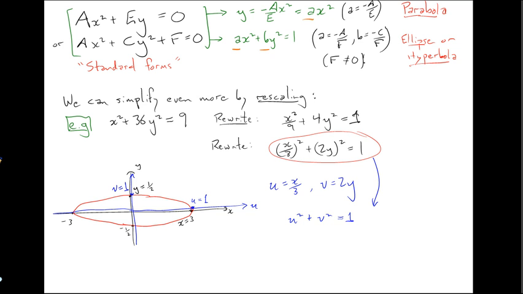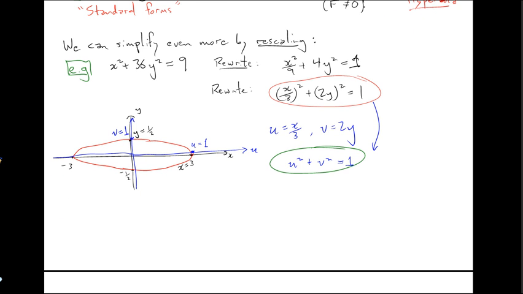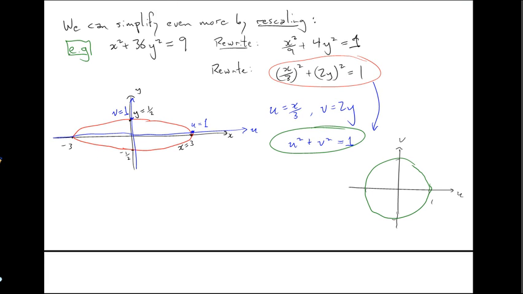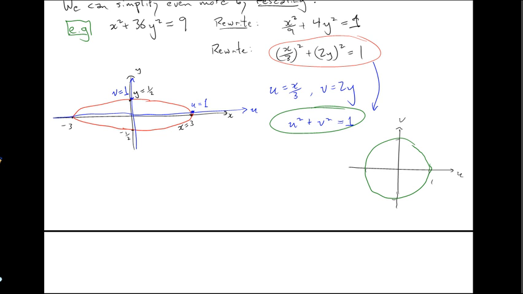Then this equation would become u squared plus v squared equals 1. And if you were to graph that on axes where u and v have equal spacing, you would get the unit circle. So by rescaling the coordinate axes, you can shrink or expand the curves.